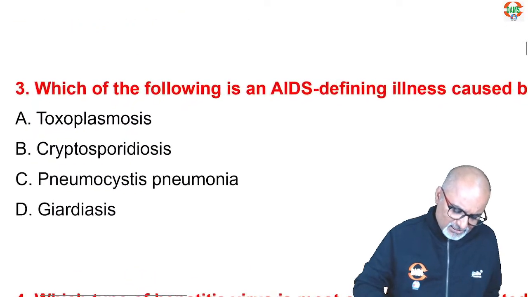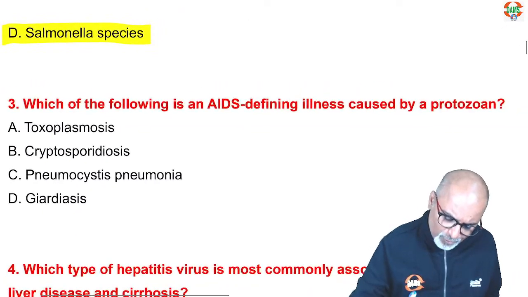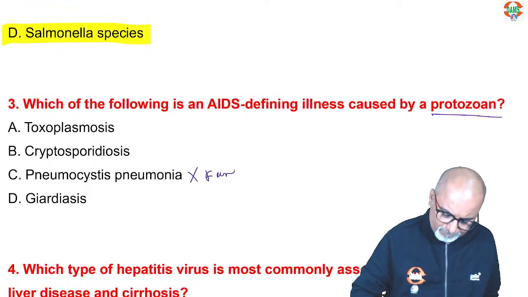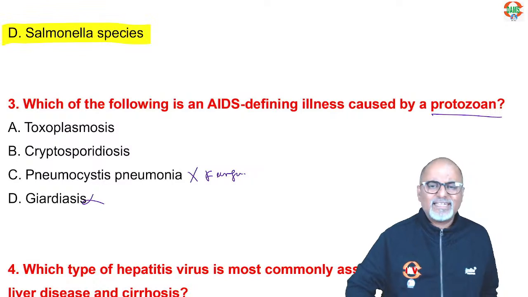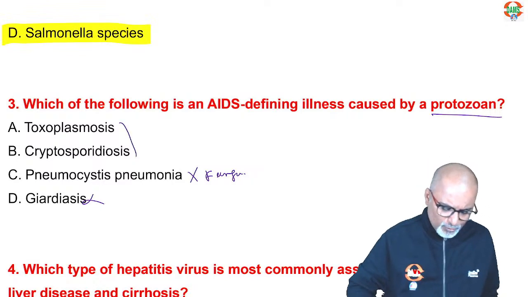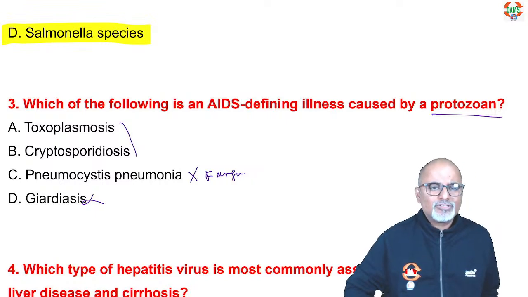If you see the list, they ask particularly protozoan. Pneumocystis is a fungus now. Giardia is not an AIDS defining illness, anybody can get it. Cryptosporidiosis and toxoplasmosis, both are AIDS defining illness.